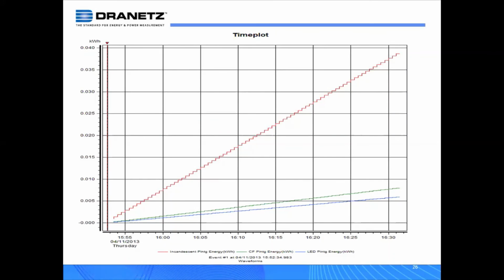So in looking at the three, we can obviously see that the incandescent bulb uses more energy. We see that the LED bulb, of the three, uses less energy. You can see that the energy rate is fairly constant. There are no peaks or valleys.